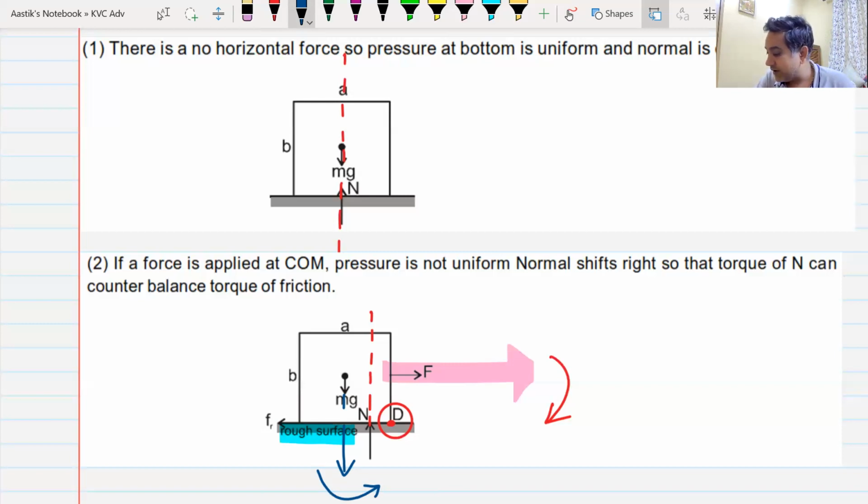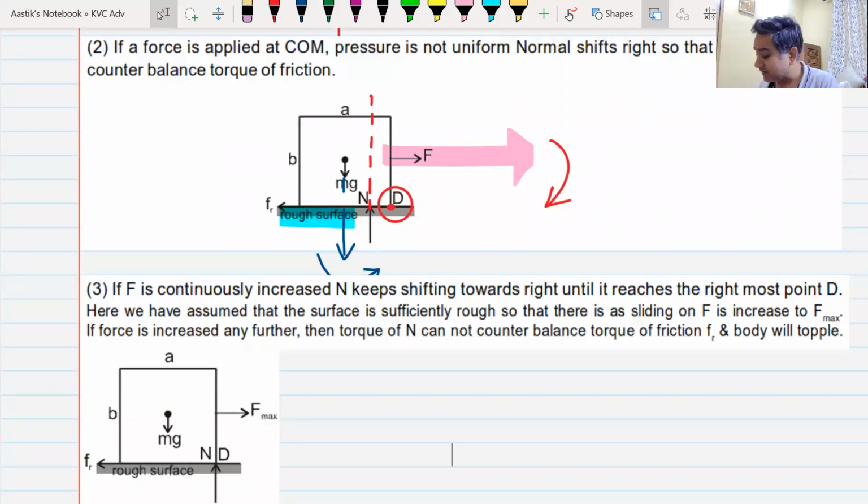Yes. So the weight is asking normal reaction to shift. The normal reaction is saying, okay, I'm shifting, but I can't shift any further than the edge. So in the last case, the normal reaction comes at the edge.